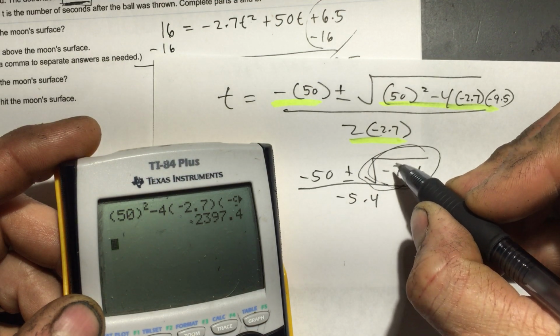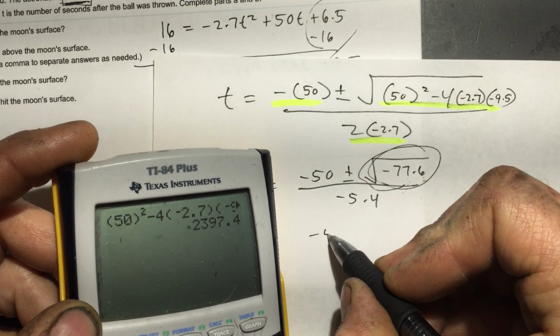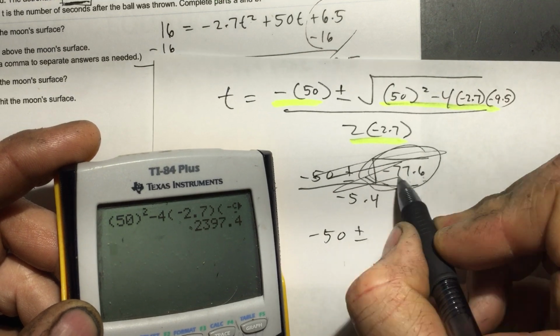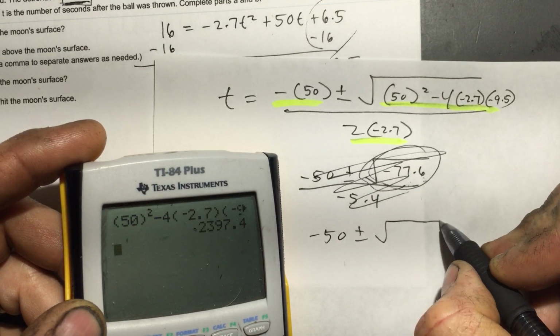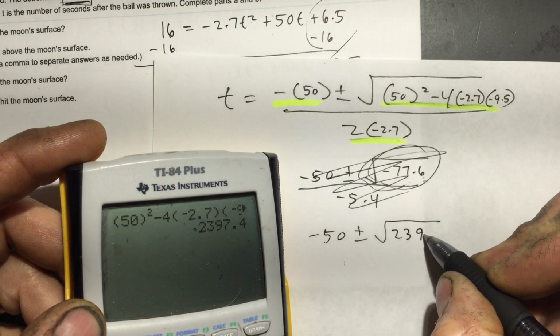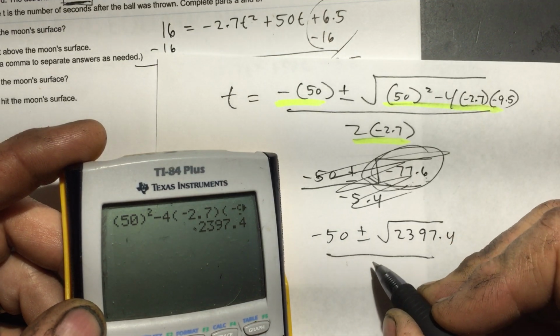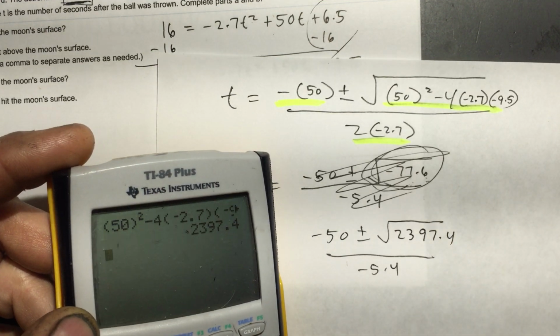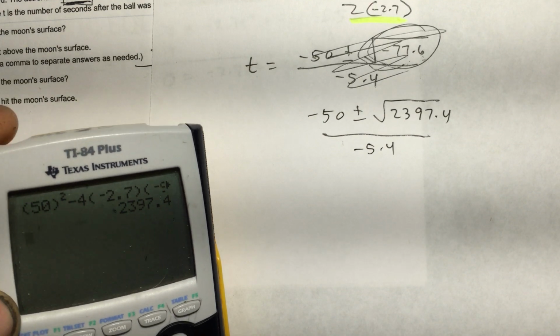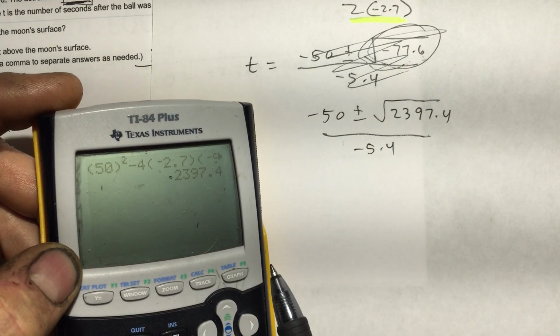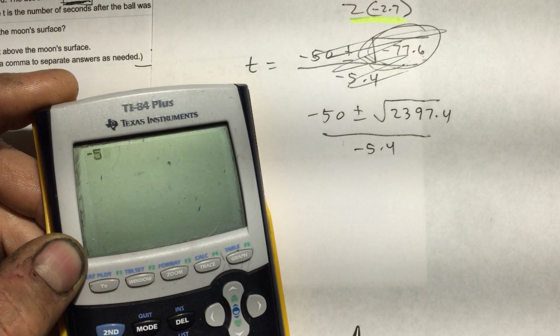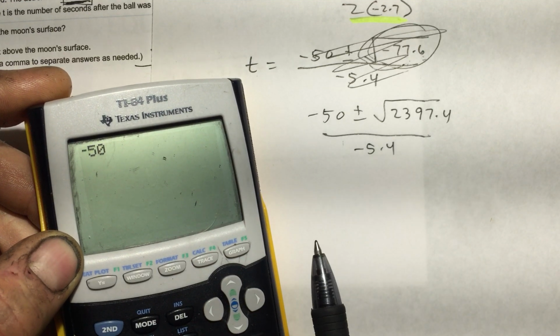All right, so I'll just write it over. Negative 50 plus or minus, this was wrong, and the radical 2397.4, all divided by negative 5.4. Okay, there you go. So now I'm going to type my two answers in. So I'm going to go negative 50. I'm going to do the plus first.